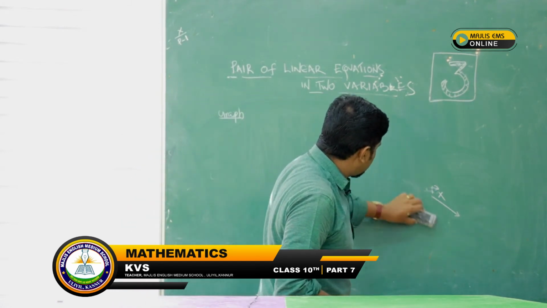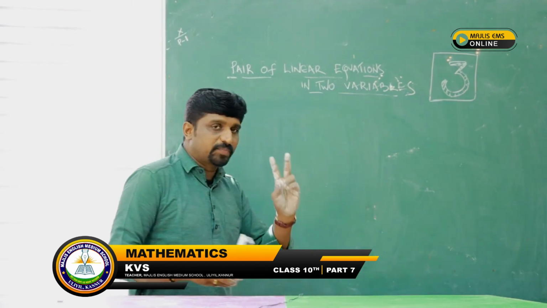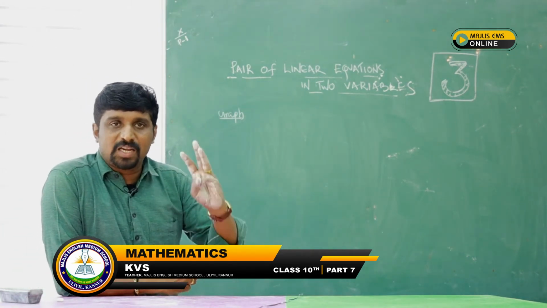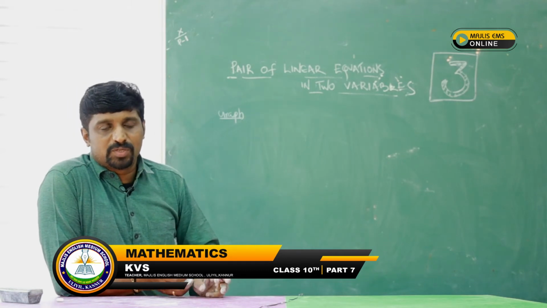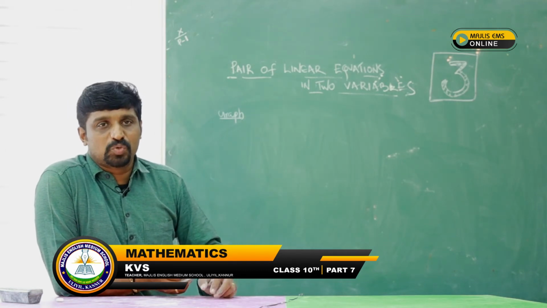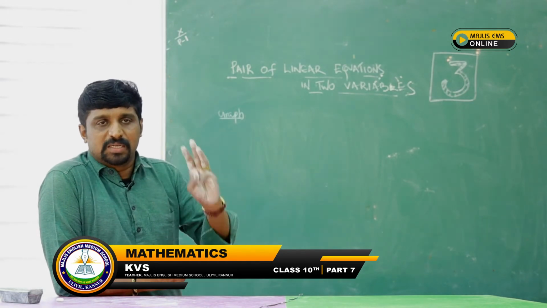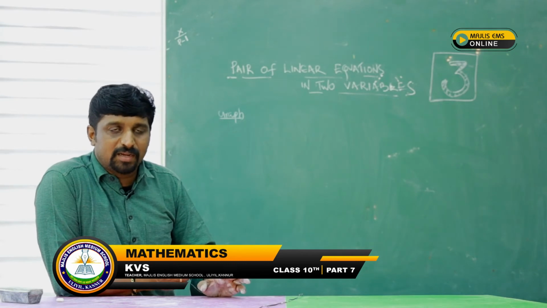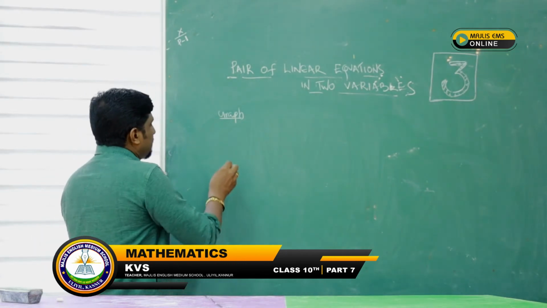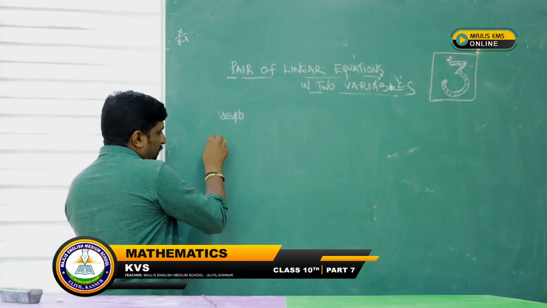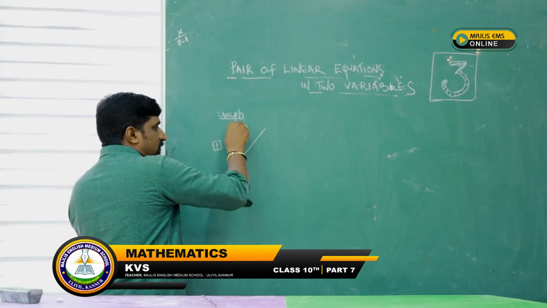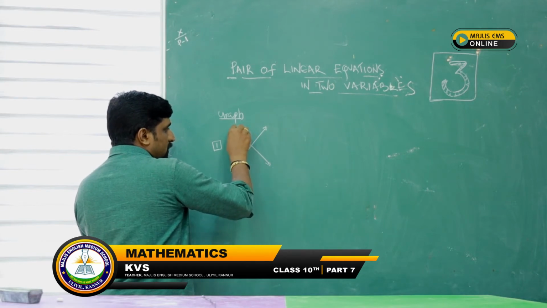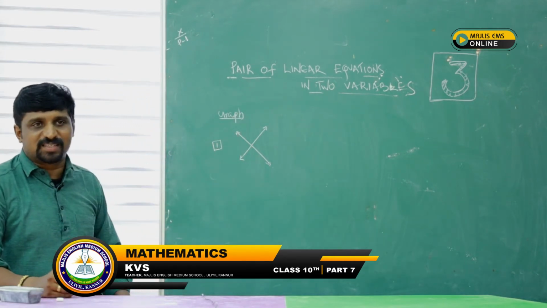But when we consider two equations, that is a pair of linear equations, there are three possibilities when we draw the graph on the same graph paper. Sometimes the two lines will intersect.